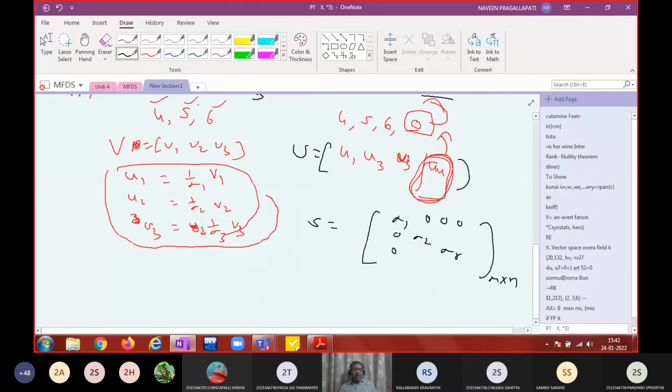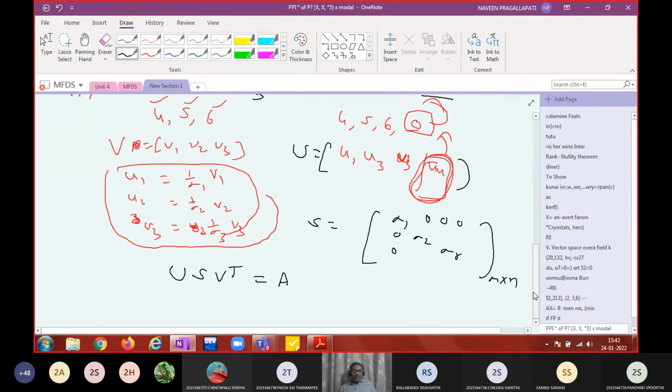You just put the non-zero square roots of the eigenvalues, the singular values, in a diagonal form. That's it. Once you have S, U and V, if you compute U, S and V transpose, you will notice that this is nothing but A.